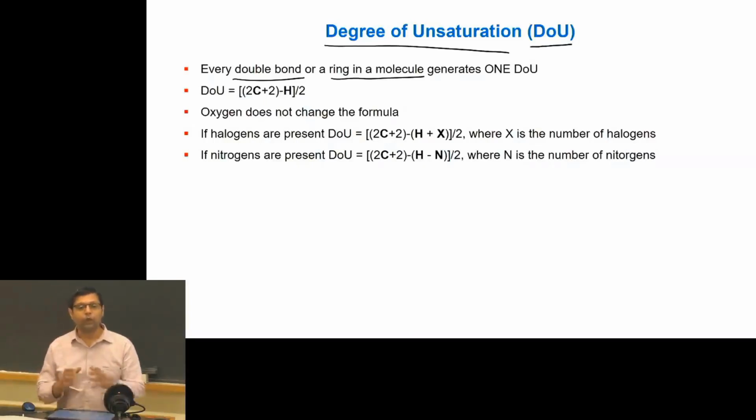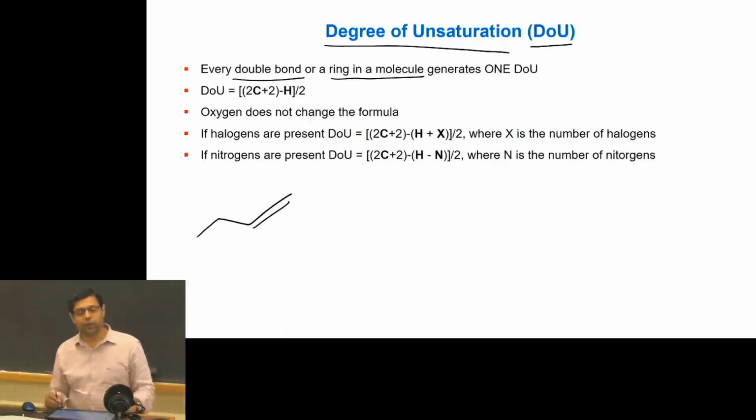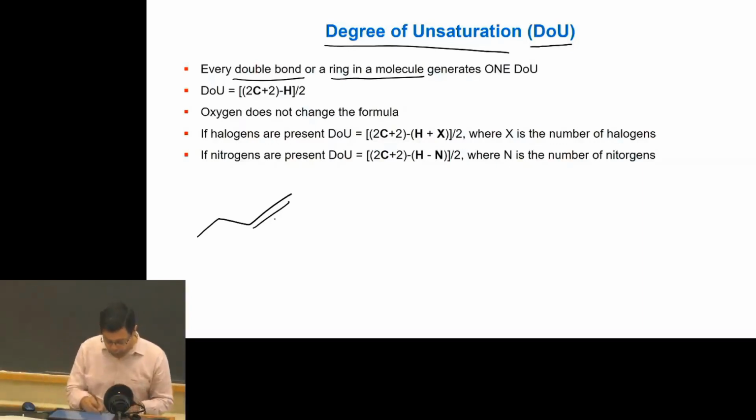So if you count the total number of rings and pi bonds in a molecule, it will tell you the total degree of unsaturation in that molecule. So let me explain this with the help of an example. Let's say I have this molecule and I ask you the degree of unsaturation in this molecule. As you can see, you have only one pi bond, so the degree of unsaturation here is 1.